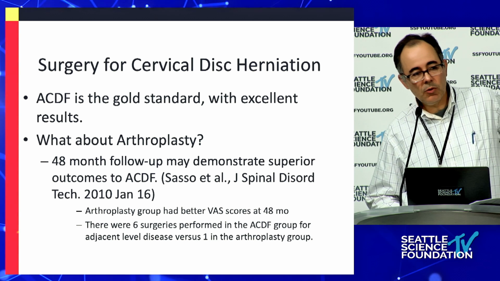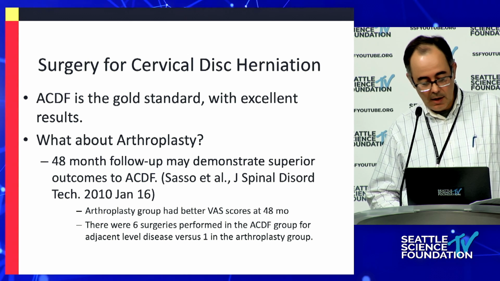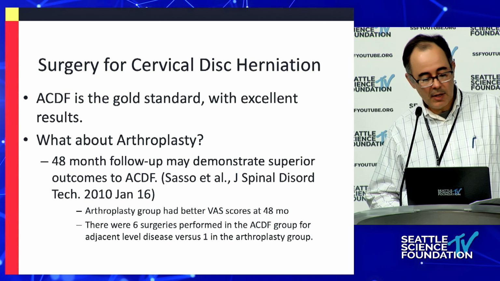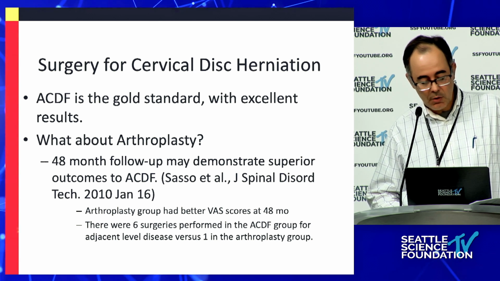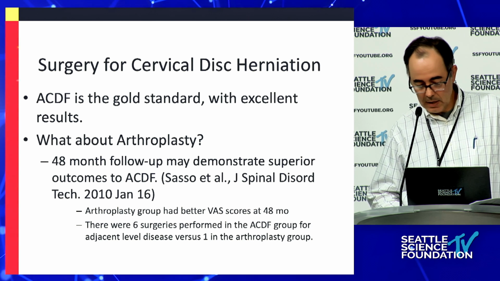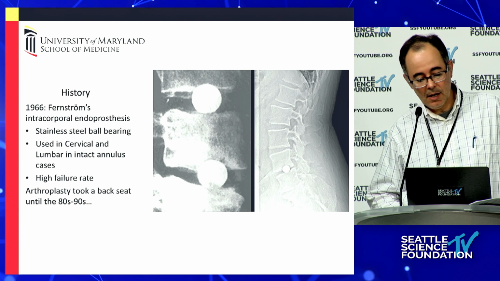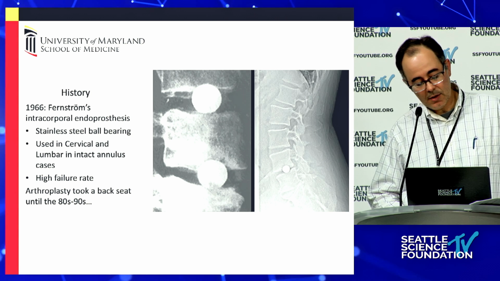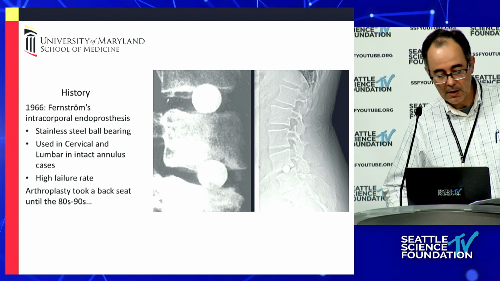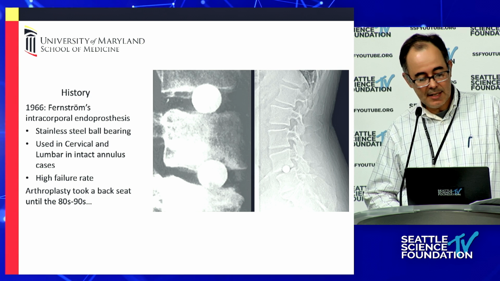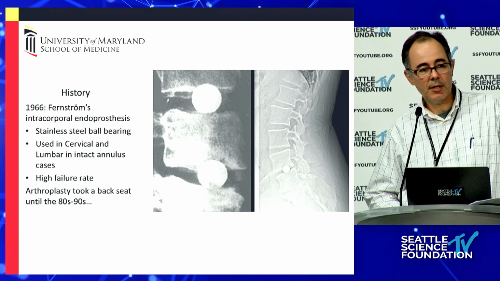So while ACDF is the gold standard to treat anterior disc pathology, arthroplasty has become increasingly popular, and we're going to go through various different pieces of the literature. But first, we'll look historically where arthroplasty first came into our thought process. The Fernstrom ball, described in 1966, was an early attempt at trying to maintain motion.